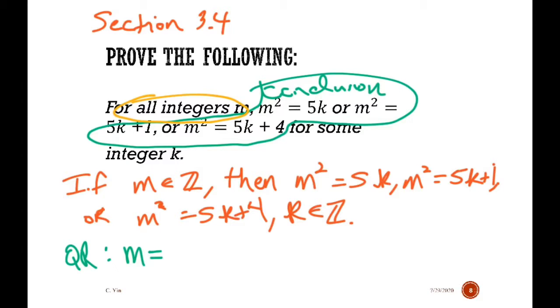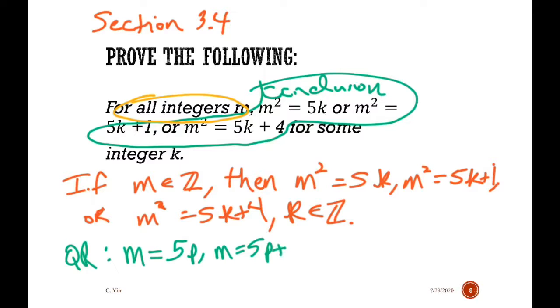Now it might be a little bit confusing because we've got that m squared equals 5 times something plus 1, but this is different than just the plain old m. So I'm going to be writing m as 5 times something, where that something is an integer, and I don't want to use a k, and I don't want to use an m because I already have those. So let's maybe do, how about 5p?